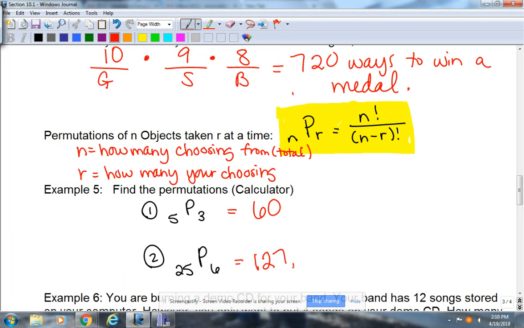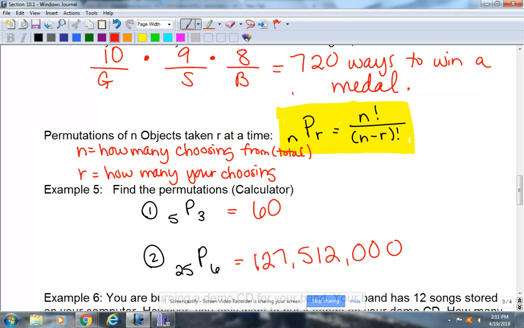Call it out to me. 127,512,000. Okay. So that means if I have 25 students in my room, and I'm telling 6 of you to go line up in a specific order, there's that many possible ways that can happen.